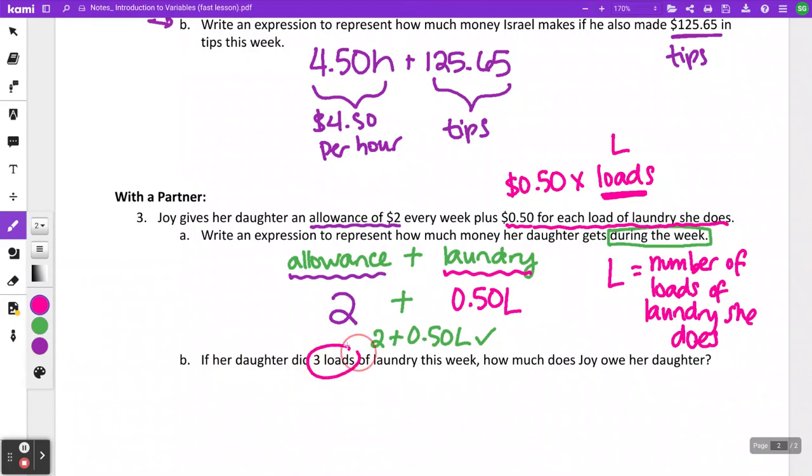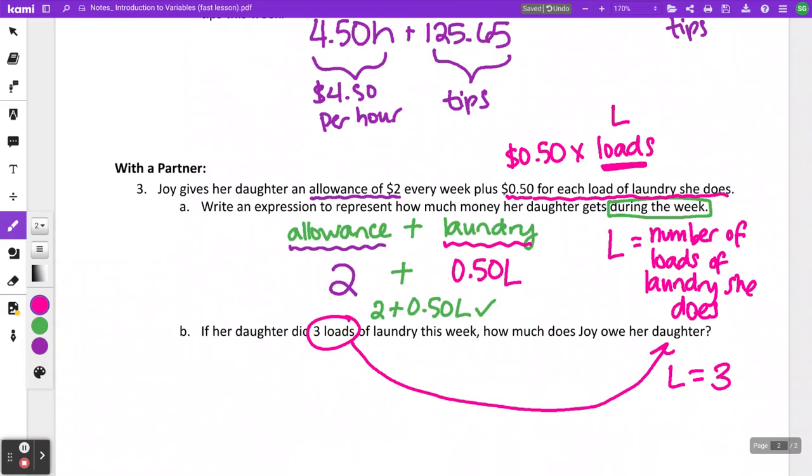Now I know she did 3 loads. So now I know what L is. L must be the number 3. That's going to help me figure out how much money her daughter gets. Our expression was 2 plus 50 cents times L, but now I know that L is the number 3.